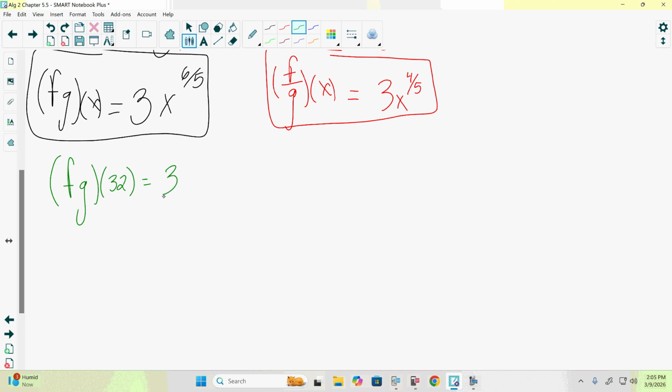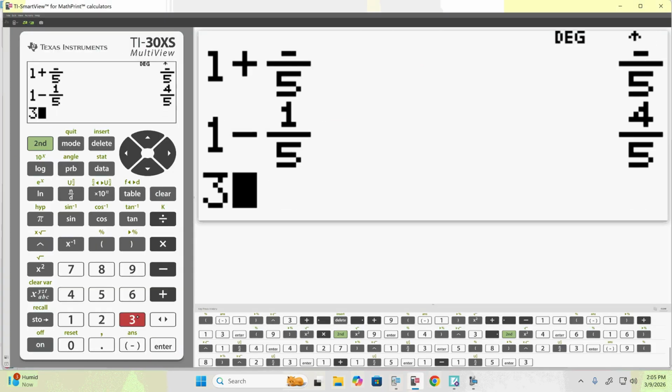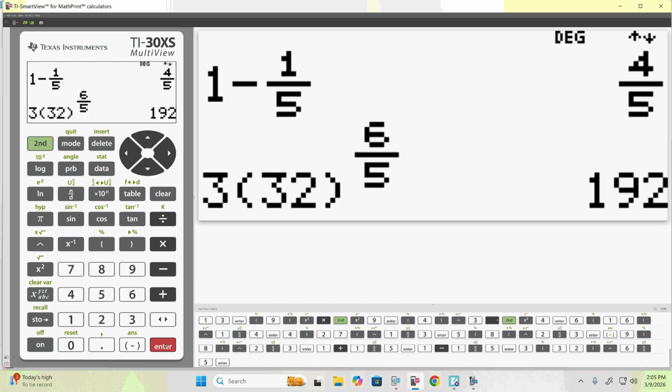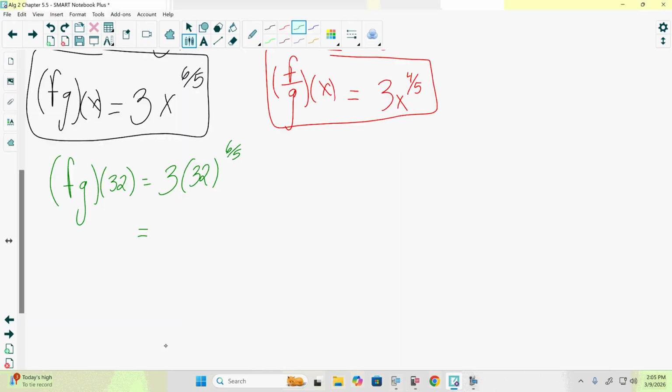So when x is 32, we're saying 3 times 32 to the 6/5. And again, I just grab the calculator, say 3 parentheses 32 to the 6/5. And it tells us it is 190.